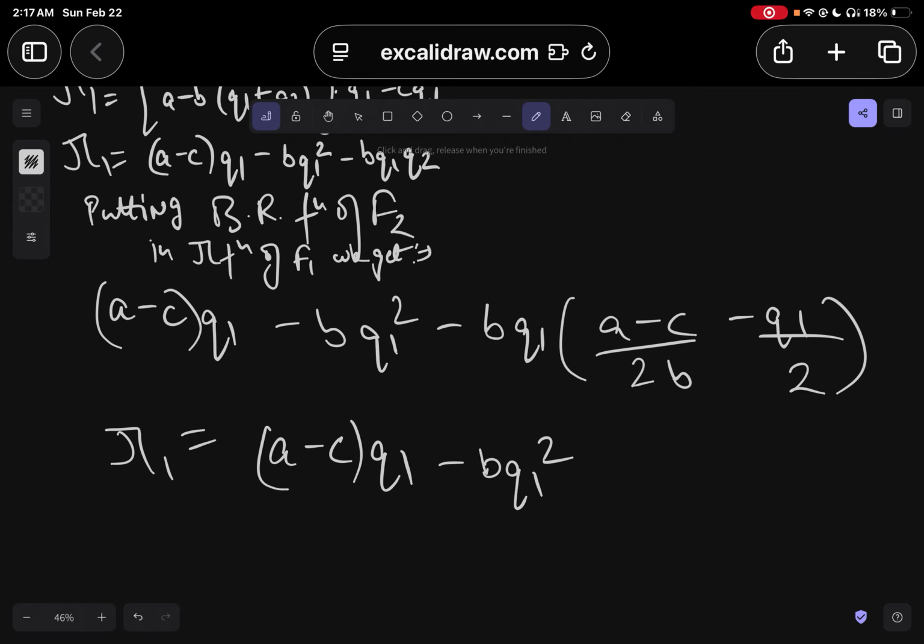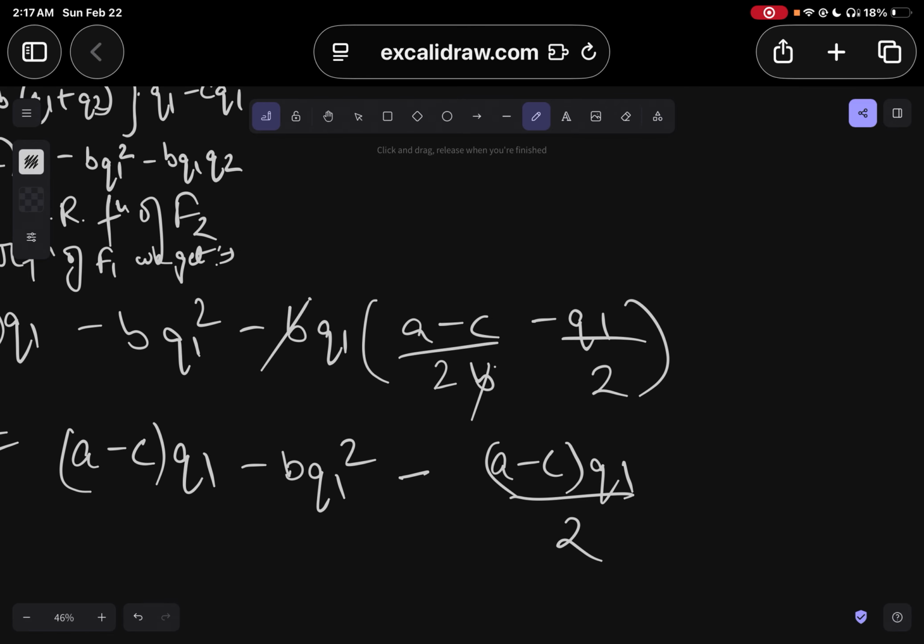okay, so 2B would cancel B. Now we will have minus A minus C Q1 upon 2 plus BQ1 square upon 2.